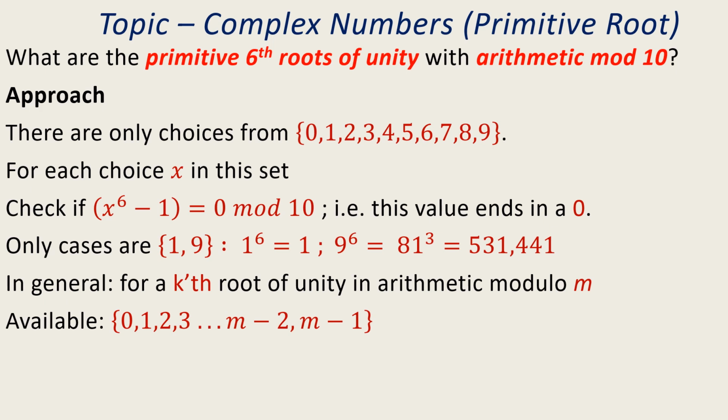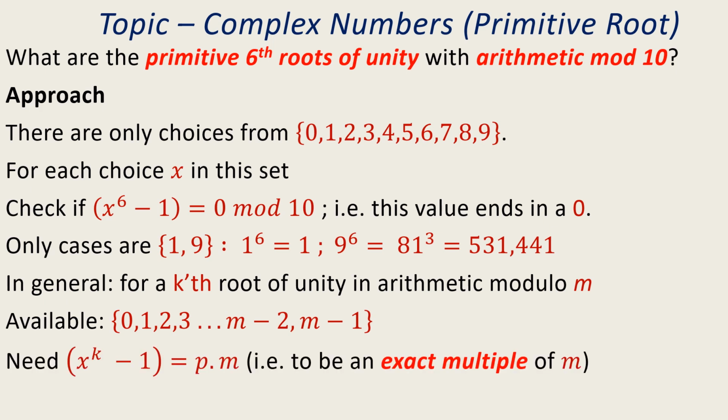What you have to do is take each one of those, raise it to the power k, since you're being asked for a kth root, and subtract 1 from the result. If the resulting number is an exact whole number multiple of m, then that value is a primitive kth root of unity using arithmetic modulo m.